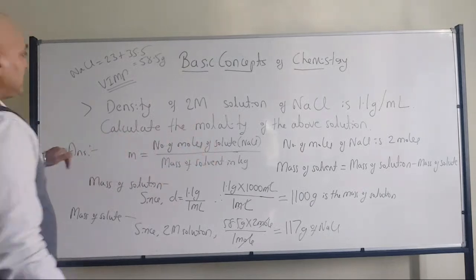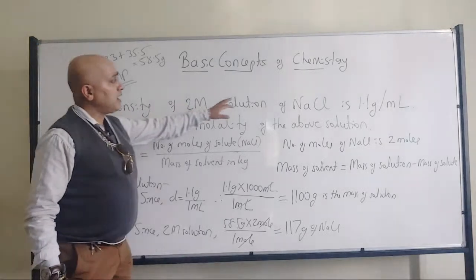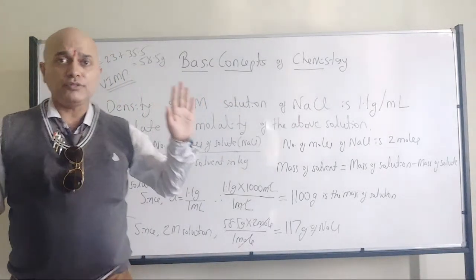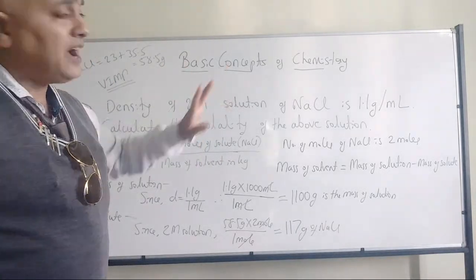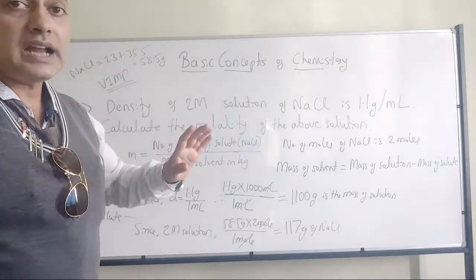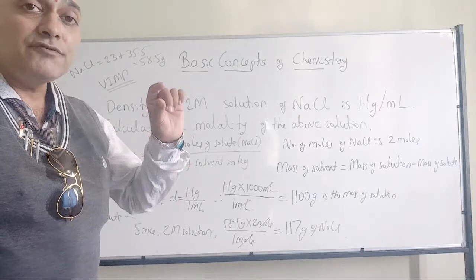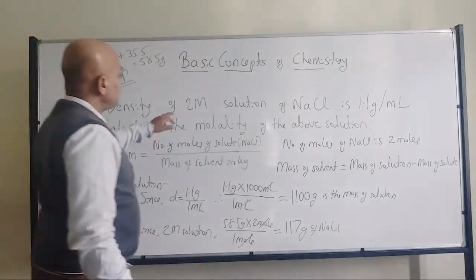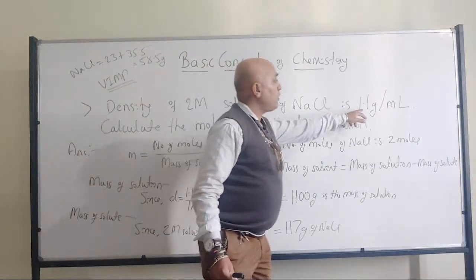So what we have done is, in the given question, they have told 2 molar NaCl solution. Then they have given the density as 1.1 gram per ml. So that means if I take 1 ml of 2 molar NaCl solution, it will weigh 1.1 gram.